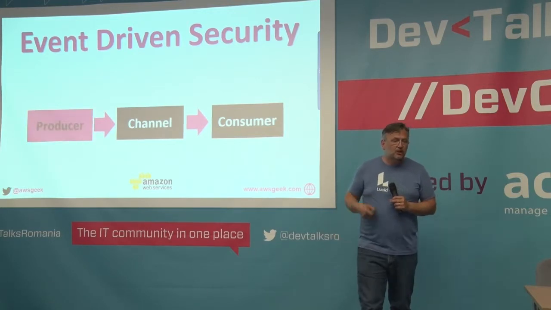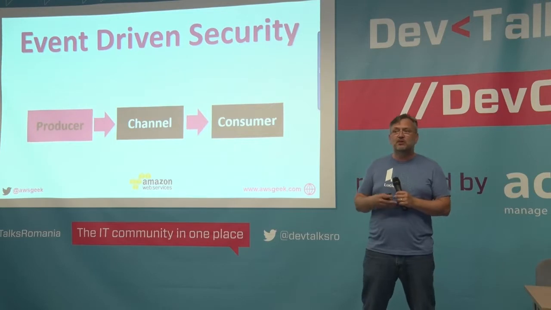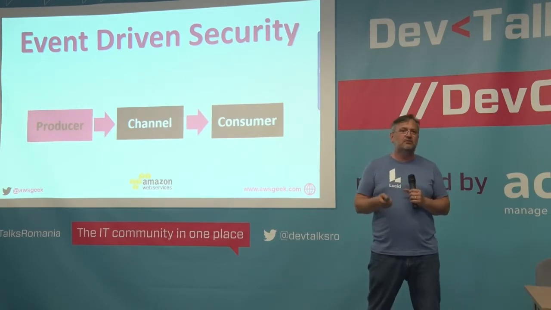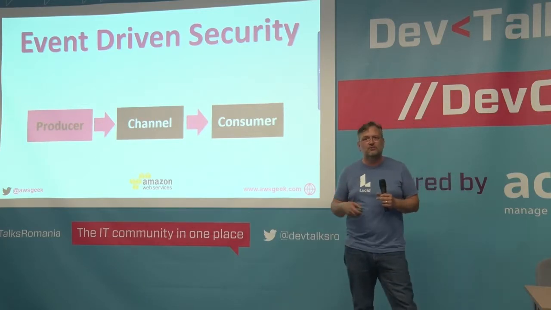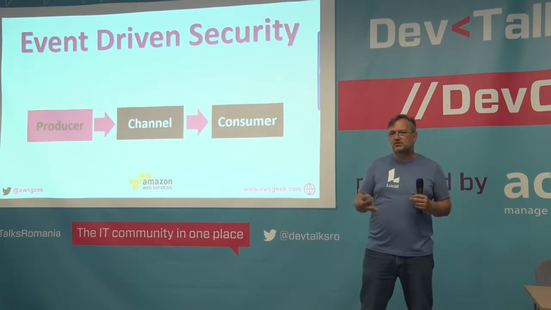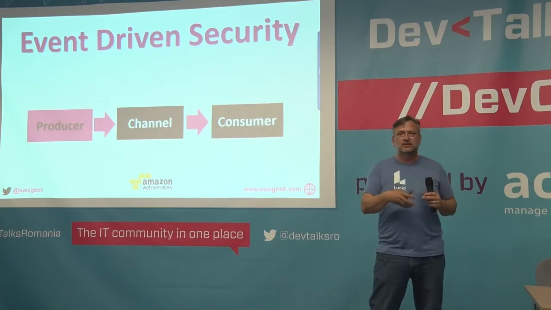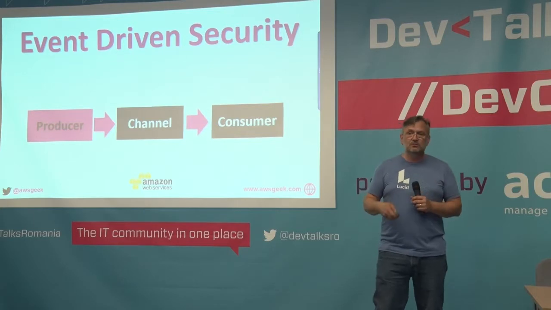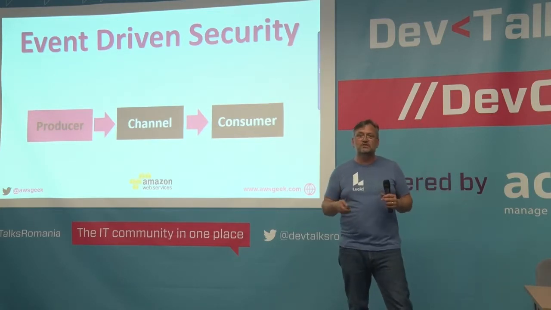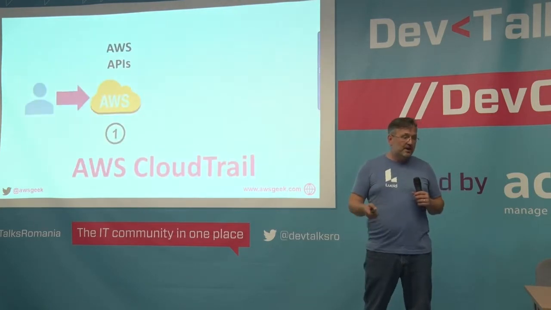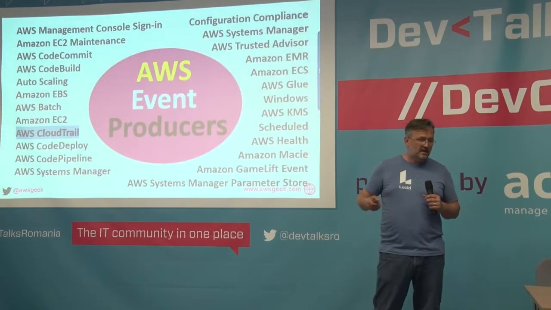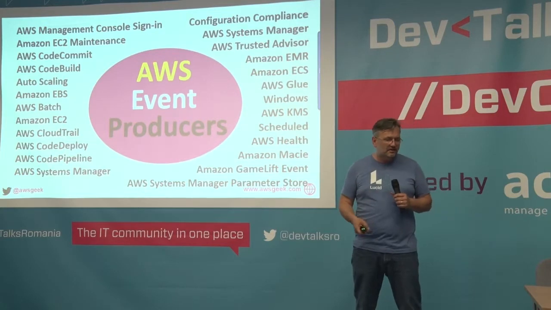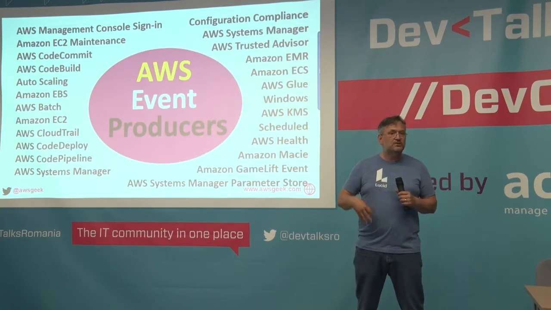Looking at AWS, if you're familiar with AWS, they have a slew of services and features that are available for us to use in the cloud. It's grown from a handful, maybe 6 or 7, 10 years ago, since they first started, to hundreds now. And in terms of services that can produce events, AWS has a very large selection. This list was based on about 6 months ago, and I'm sure it's grown by now.